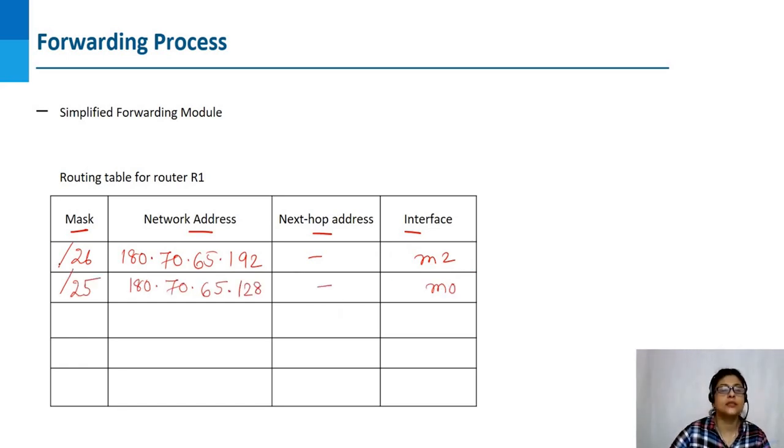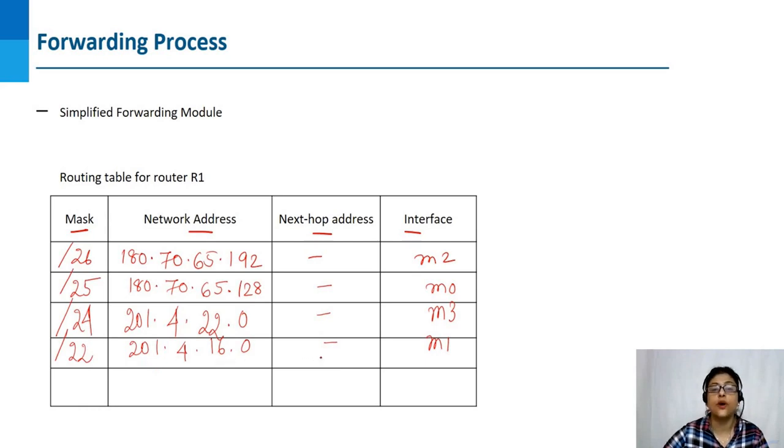Next, the mask is /25, and the network address is 180.70.65.128, the next hop address field will be blank, and the interface is M0. After that, we have /24 with the network address 201.4.22.0. The next hop address field is blank, and the interface is M3. Next is /22 with a network address of 201.4.16.0, and the interface is M1.